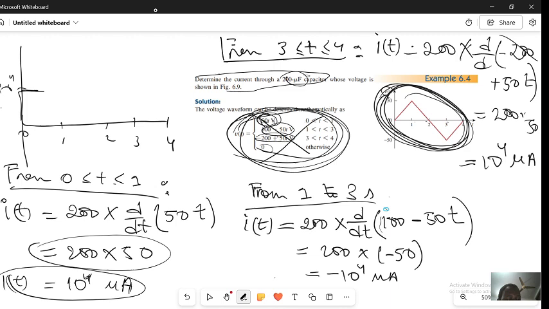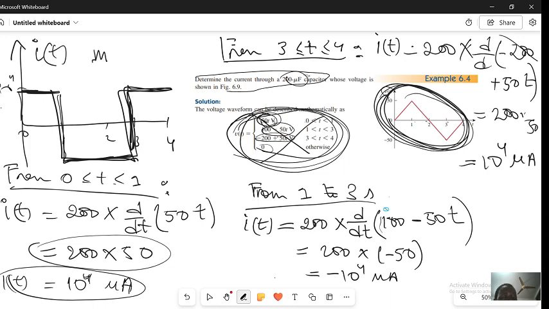From 1 to 3, I have minus 10 power 4 here. From 3 to 4, I have 10 power 4 again here. This is my graph of the current, but in microampere, because I maintain the capacitor in microfarad. So how can we determine the relation between the capacitance, the charge, the current, and the voltage?